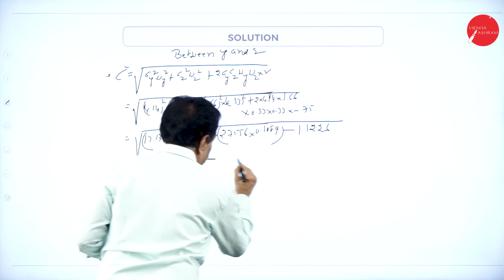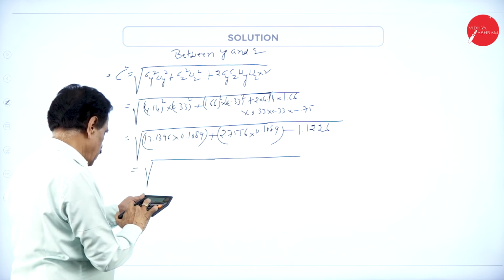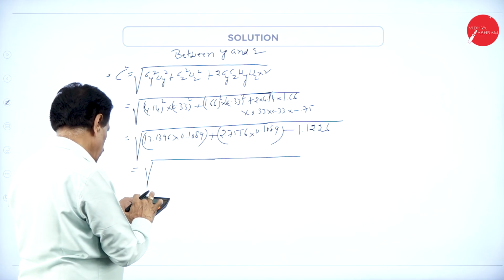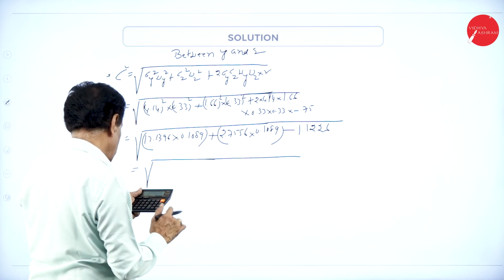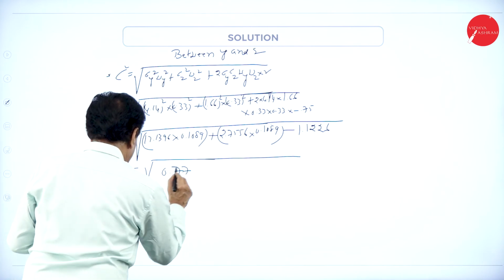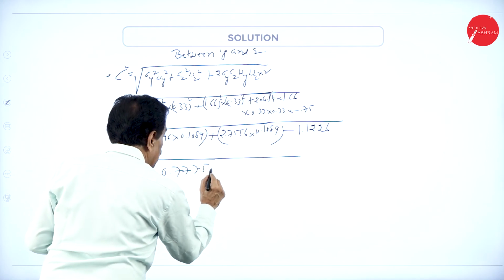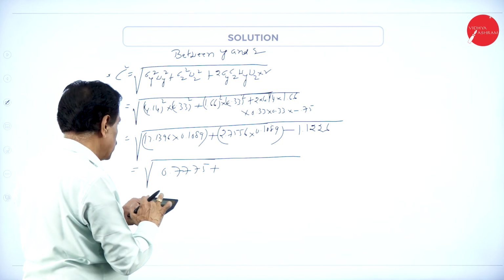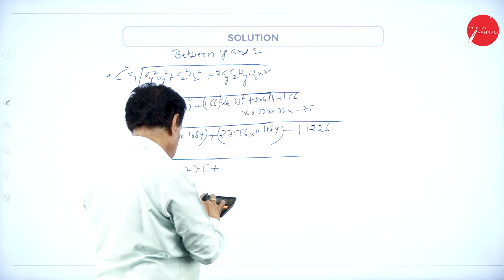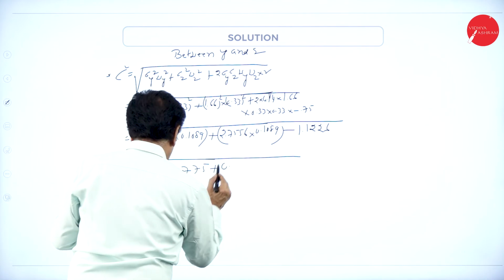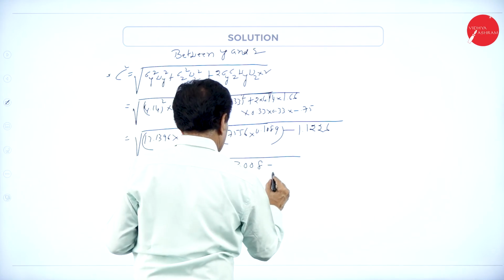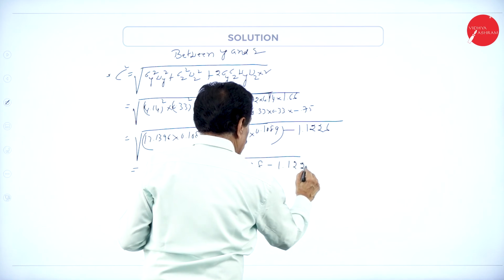Root of 17.1396 into 0.1089, 0.7775. 2.7556 into 0.1089, 0.3008, minus 1.1226.